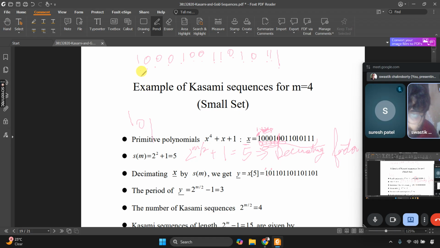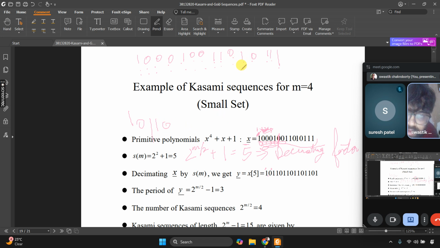So the next is 1 2 3 4 5. So another one. Then again we will see that we will get 1 0 1 only, because we are landing at the same thing. 1 2 3 4 5. So again 0.